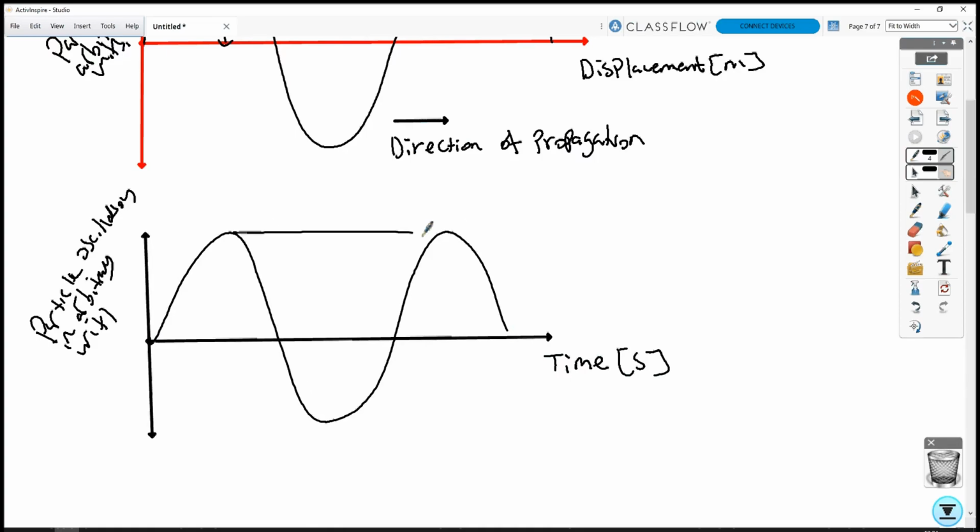And in this case, this now represents the period of a wave, which is the time it takes to complete one oscillation. Other things you need to know is that the top of a wave is called the peak or the crest. And the bottom of a wave is called the trough.